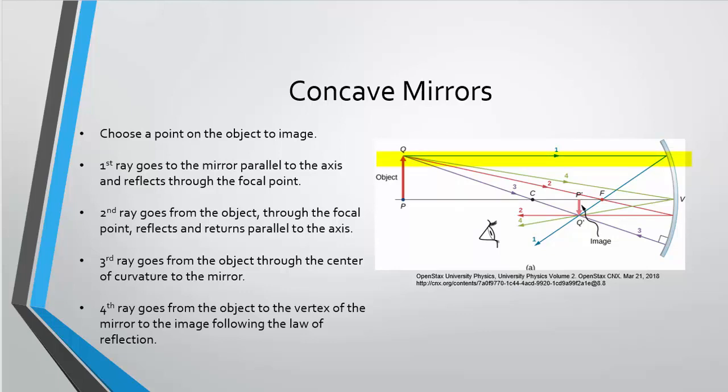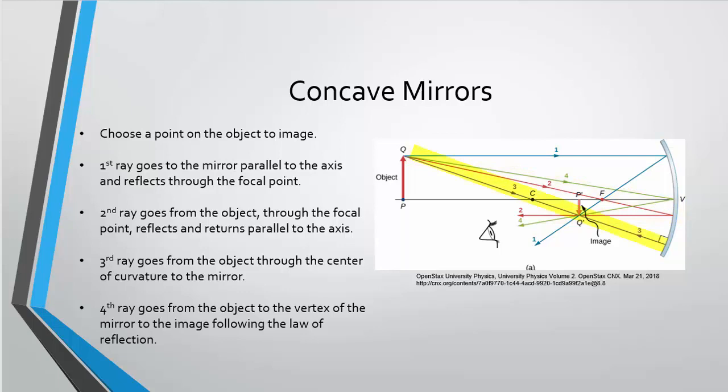So your first ray is going to go from that top of the arrow straight parallel to the axis into the mirror. It's going to follow the law of reflection, and it's going to reflect through the focal point, and you continue it on. And then the second ray goes from that top of the arrow through the focal point into the mirror, and it's going to come back out parallel to the axis.